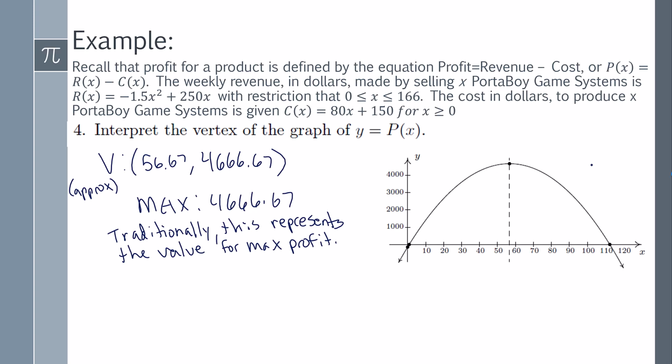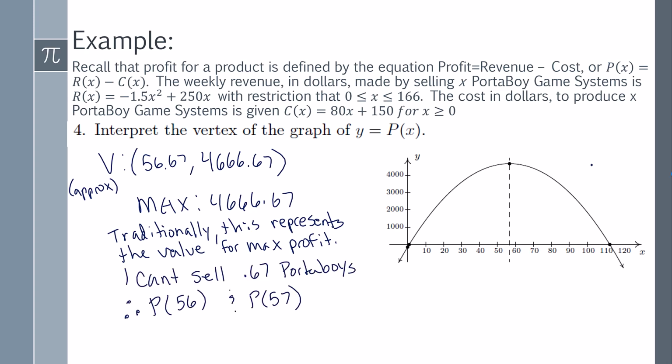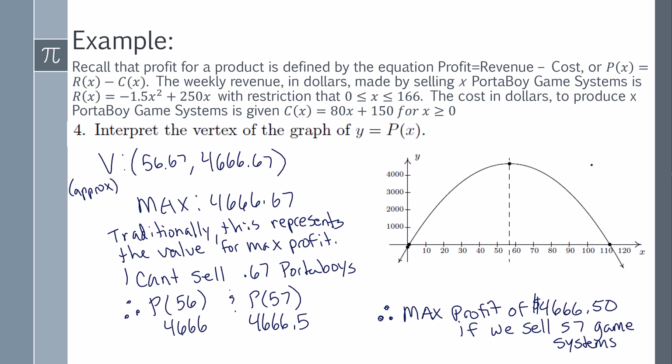So you would have to either go to the left and sell 56 or go to the right and sell 57, and examine which one's more. If I plug those in, we find that P of 57 is more. So that's going to be my max profit. We still have to take the realism into account here. So the max profit is $4,666.50 if we sell 57 game systems.